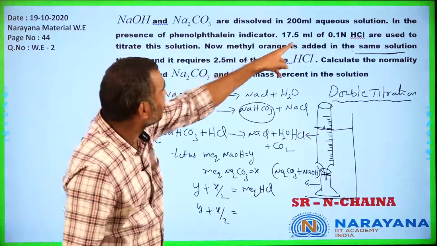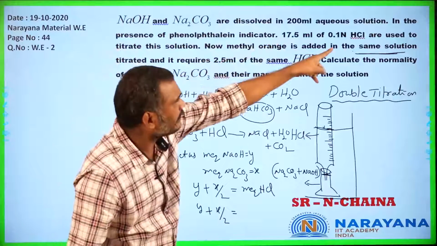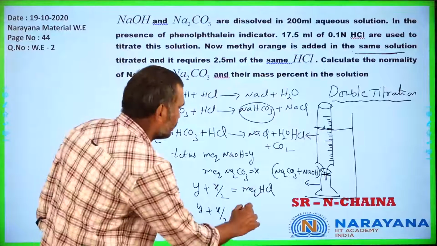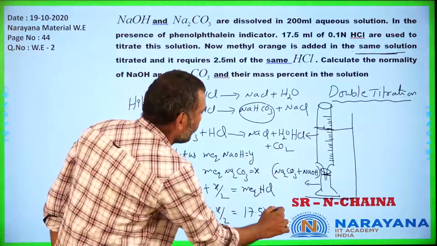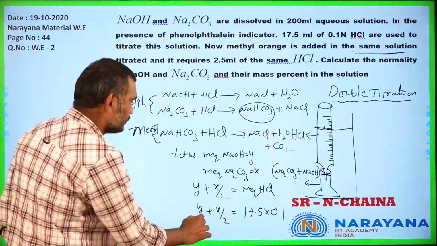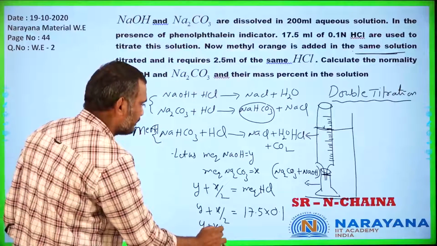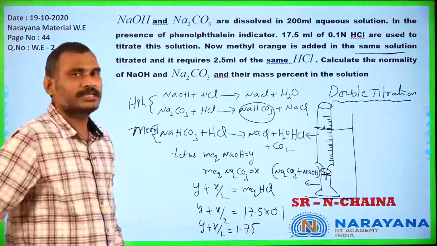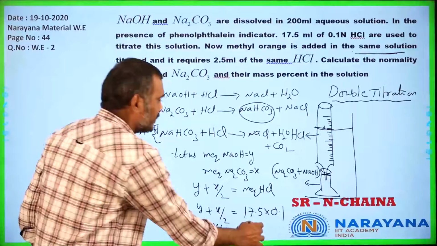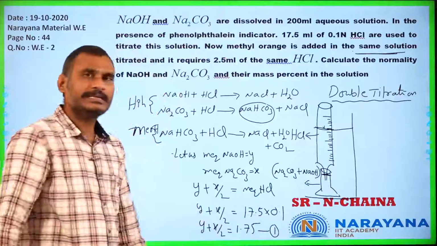The HCl taken is how much? 17.5 ml and 0.1 N, that is 17.5 into 0.1. So Y plus X by 2 equals 1.75. This is equation 1 from the phenolphthalein indicator.